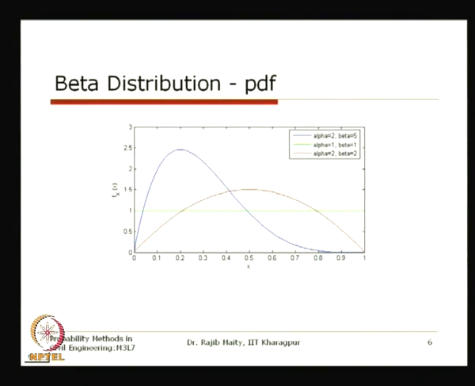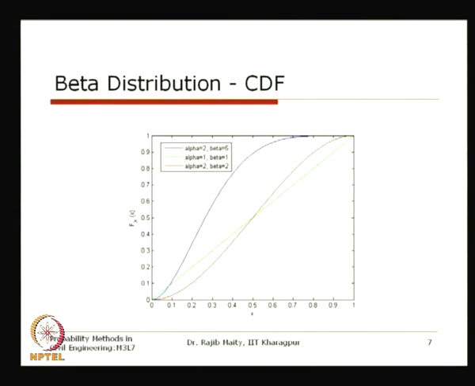Now we will see the cumulative distribution for this beta distribution with the same parameters here. First, the blue one shows alpha equals 2 and beta equals 5, and the green one is alpha equals 1 and beta equals 1. We have seen that in this case the distribution is uniform.